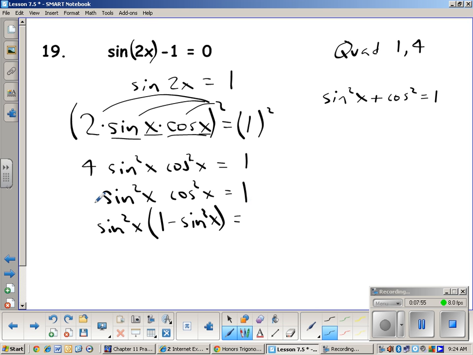I don't want to move that over. The reality is I'm going to end up with a quadratic. I'm going to need to set it equal to 0. And so I'm actually going to have to eventually move the 1 back over. Okay?